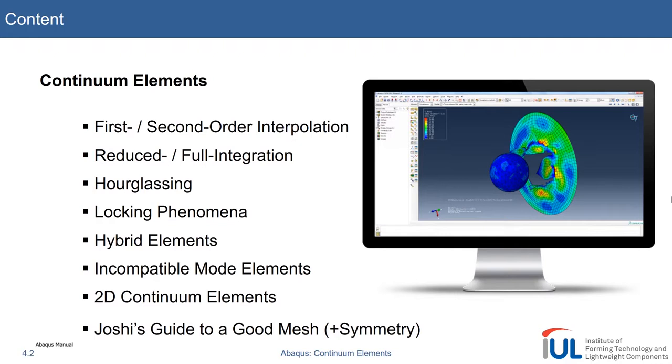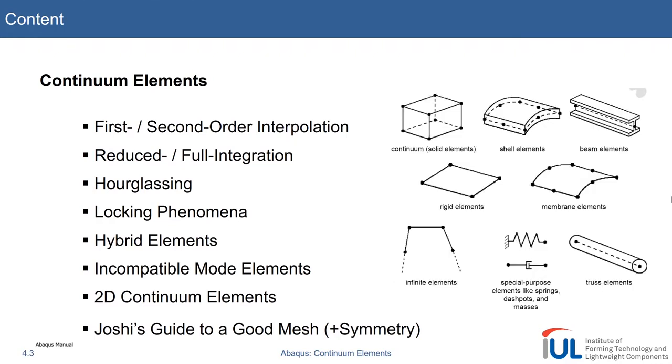Okay, so where are we right now? We talked about the beam elements, we talked about the shell elements, we also mentioned the membrane elements. And in the last Abaqus simulation part, I also talked about rigid elements on the side, which is not very important because rigid is rigid, not so much going on there.